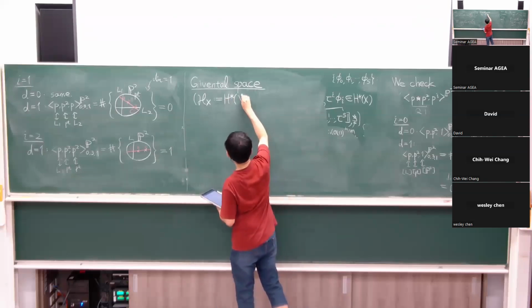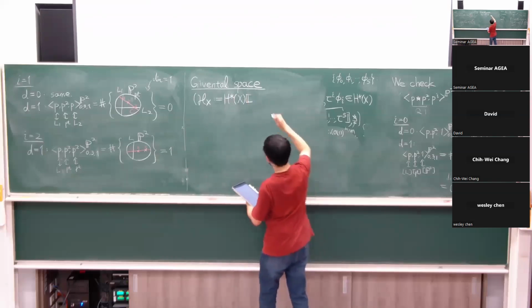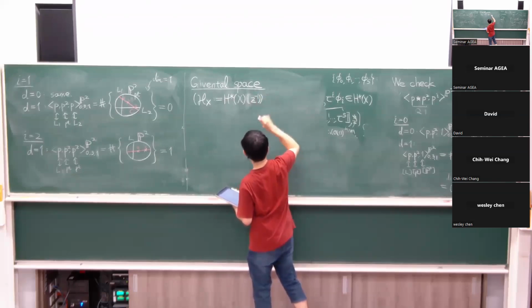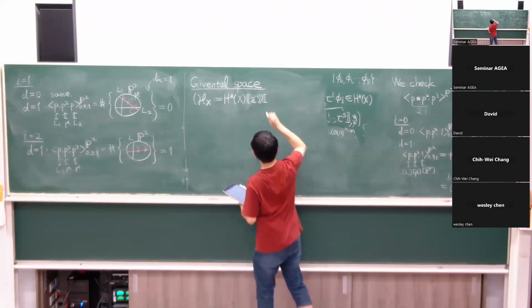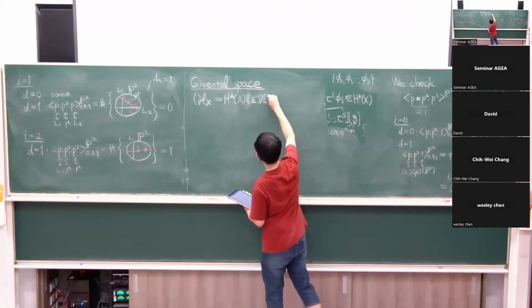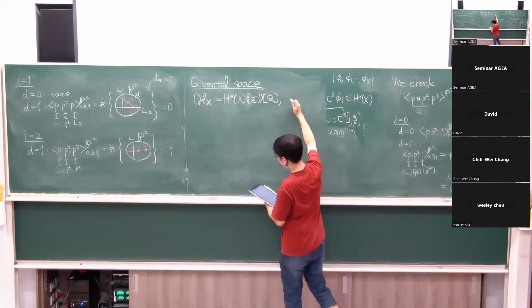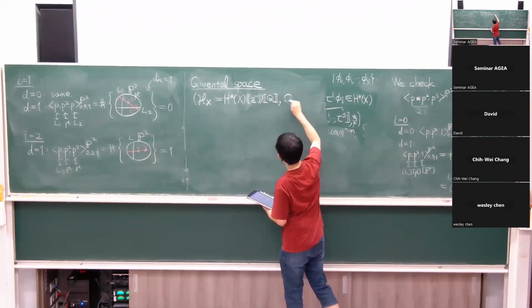I want to introduce the so-called Givental formalism. It is known that quantum cohomology is closely related to the generating function of Gromov-Witten invariants.